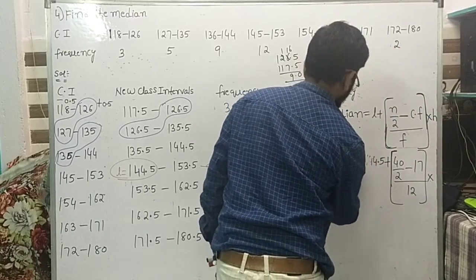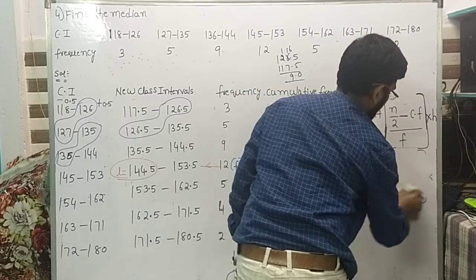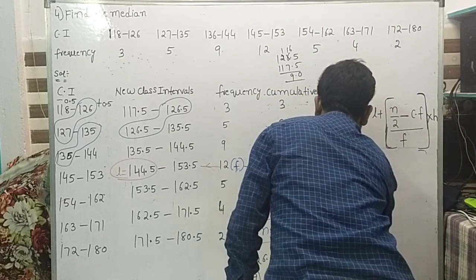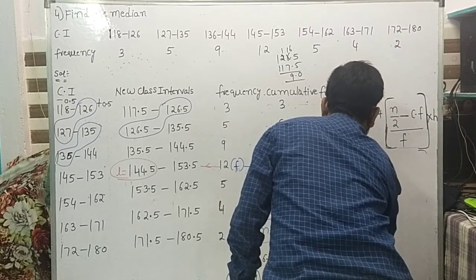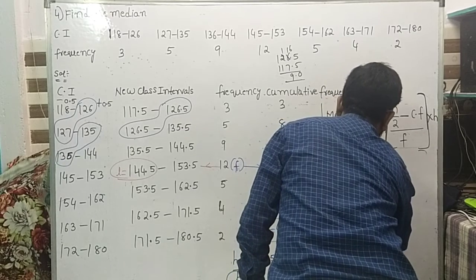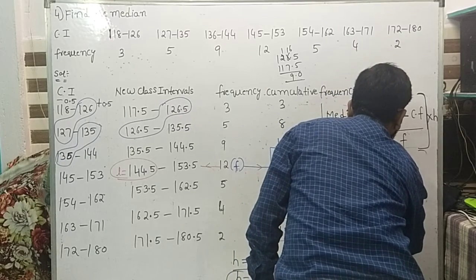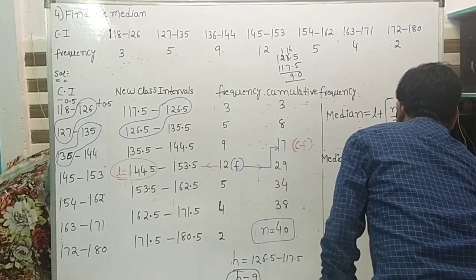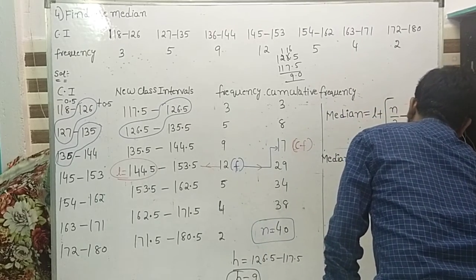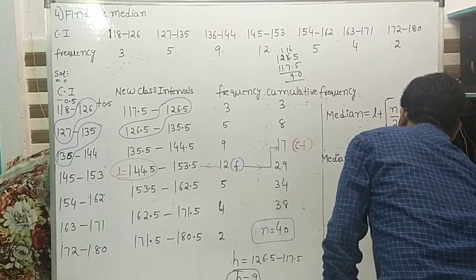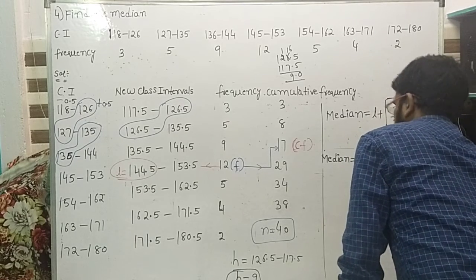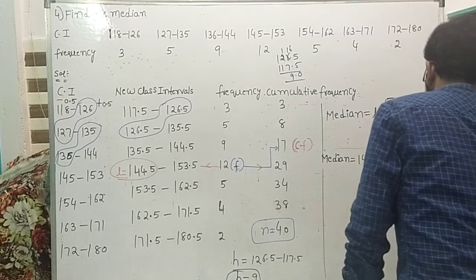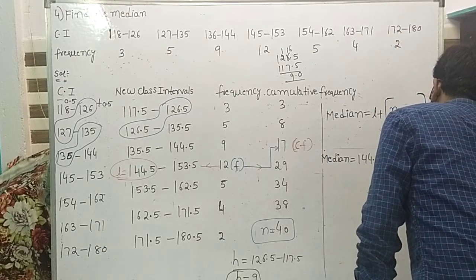The space is not sufficient here, so I am writing here: median equals 144.5 plus (40 by 2 minus 17) by F. F is 12, into 9.